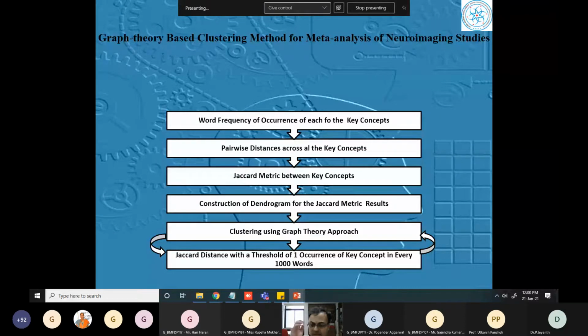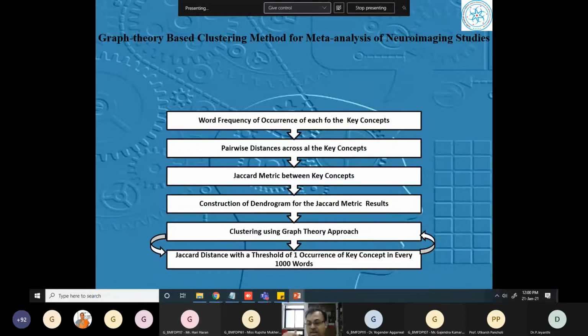There were about 500 key concepts that we looked at. For each key concept, you identify which other concept is closely related to it. How do you do that? You have to find the distance. You need a distance metric, right? Normally you can take Euclidean distance or any such metric.